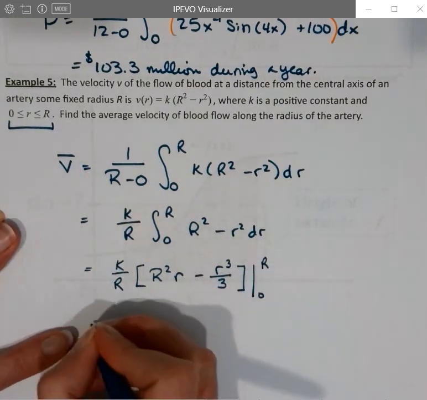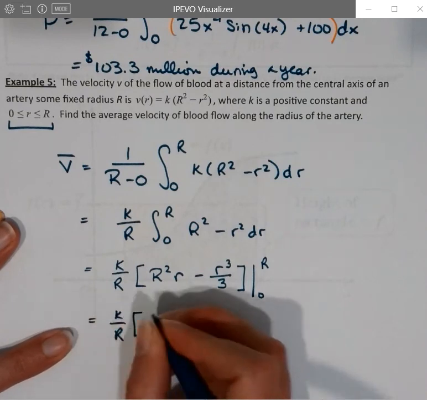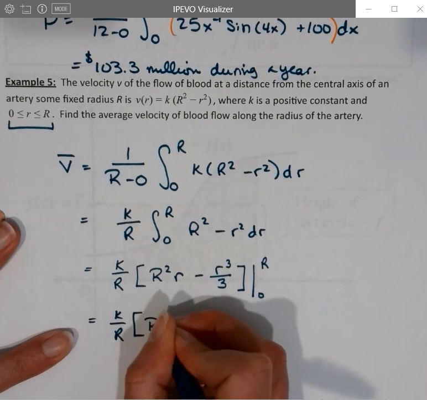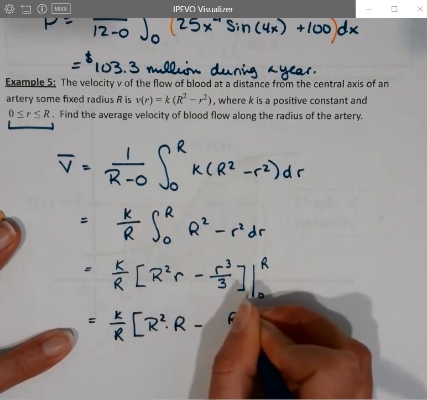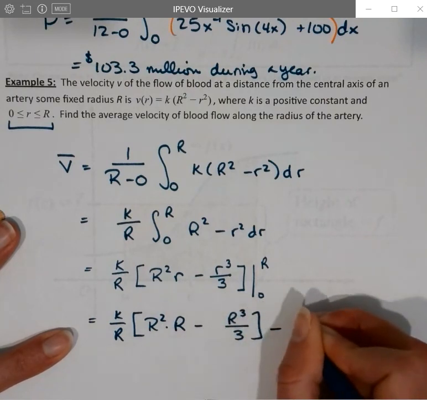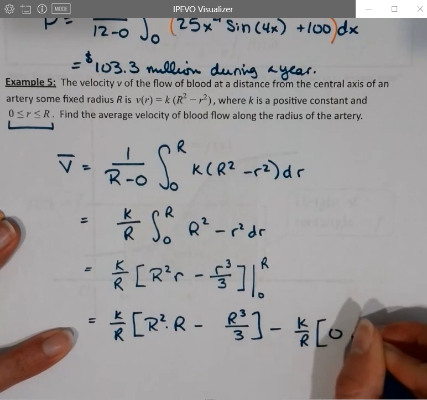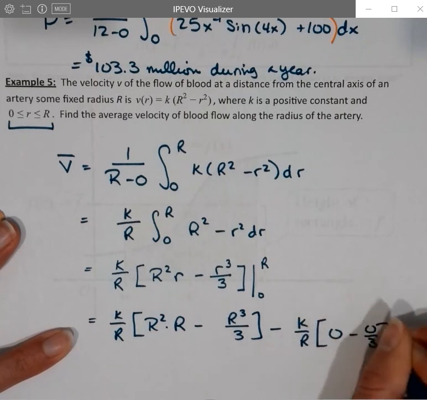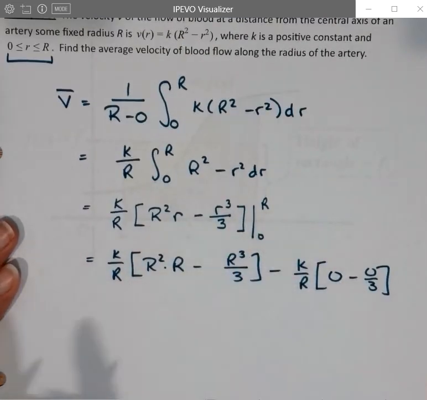Now we're going to evaluate. So we have our k over capital R, and then we have capital R squared times capital R minus capital R cubed over 3, minus k over capital R, and then we have 0 minus 0 over 3, and so that's all just going to be 0 on that side because that's what I get when I plug 0 in.